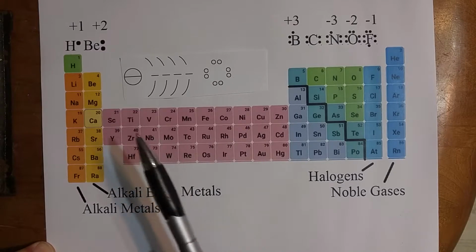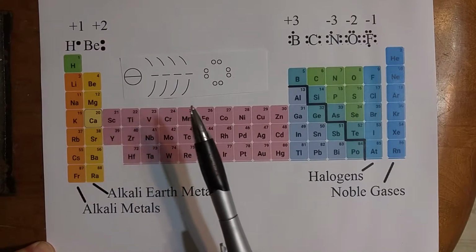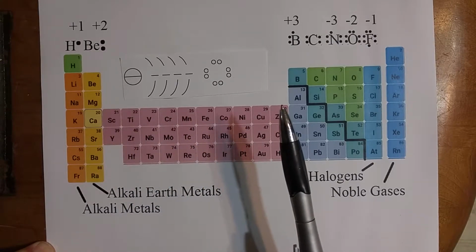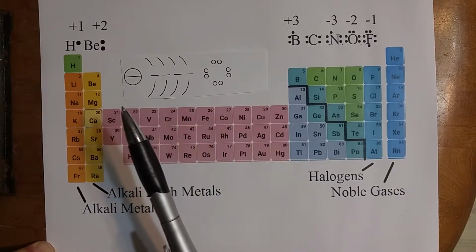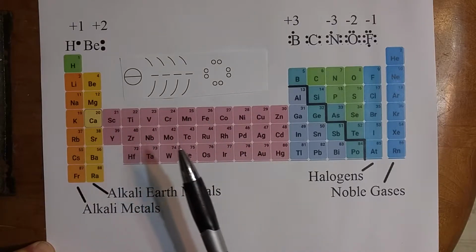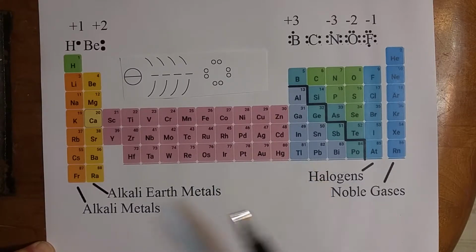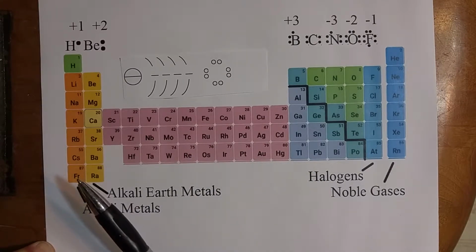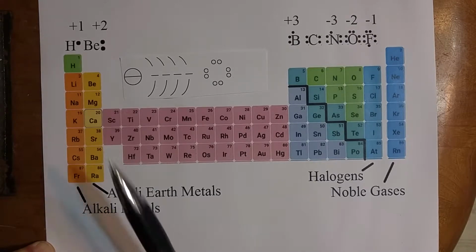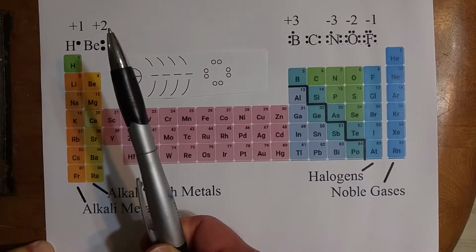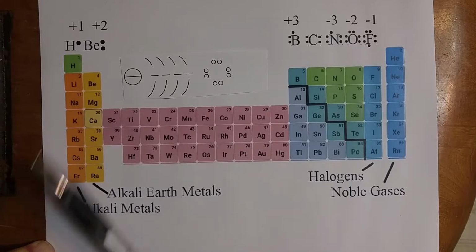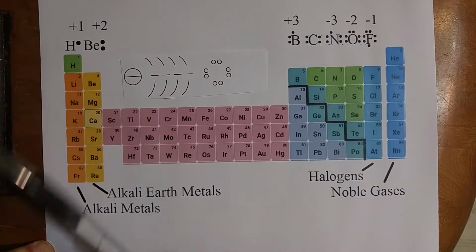The pattern is not in this region here, so we sort of stay out of there. If we ignore this big central transition metals, we find this lovely pattern in this block and over here that continues. Obviously, using the valence numbers +1, +2 is a little bit easier than drawing the dots.